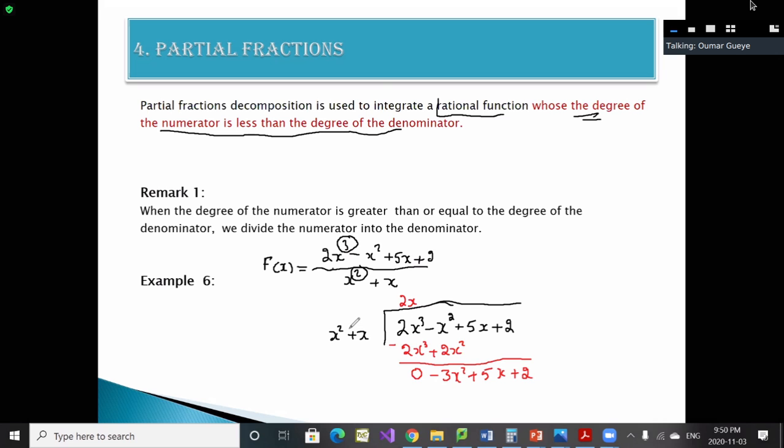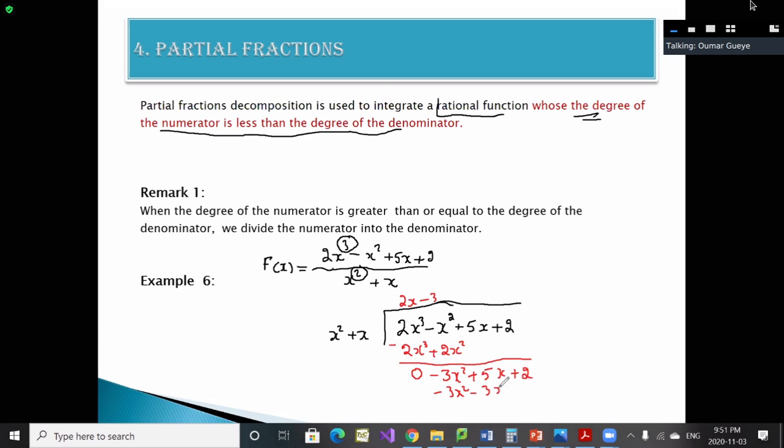Again, same question: which number do you have to multiply with x squared in order to get minus 3x squared? Exactly, minus 3. So minus 3 times x squared is going to be negative 3x squared. And minus 3 times x is going to be minus 3x.